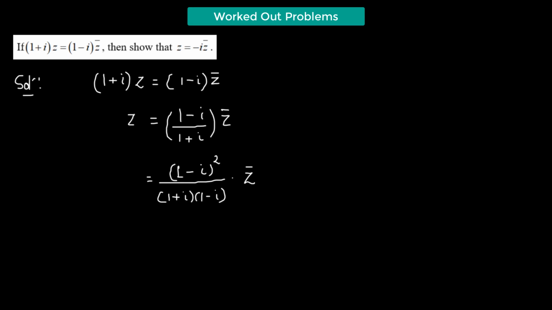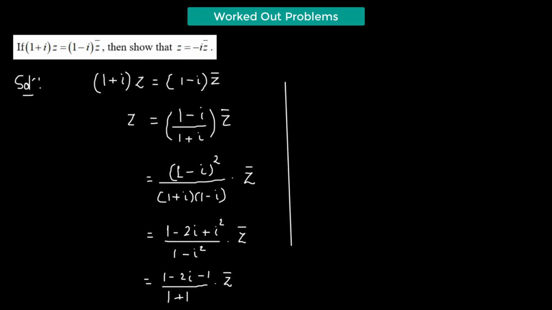So expanding the numerator, we have 1 minus twice of i plus i squared divided by 1 squared minus i squared, times z conjugate. So we have 1 minus 2i minus 1 divided by 1 plus 1 times z conjugate.